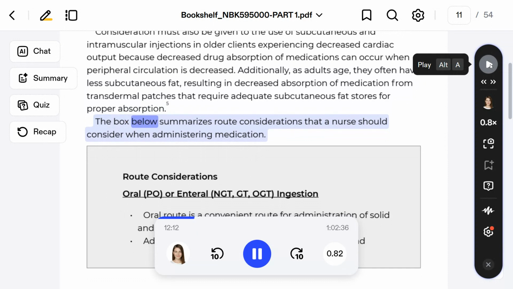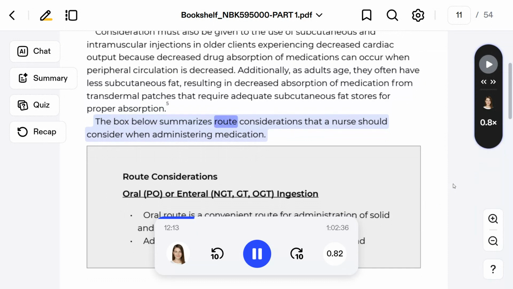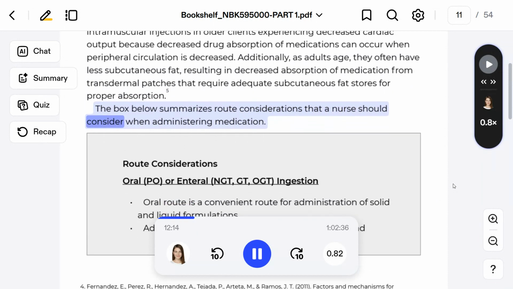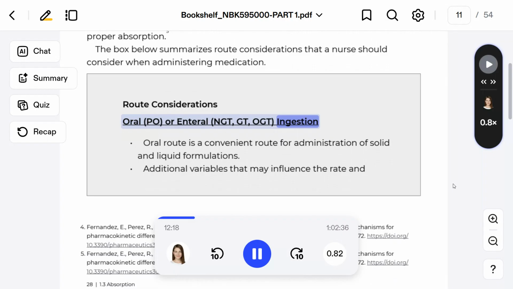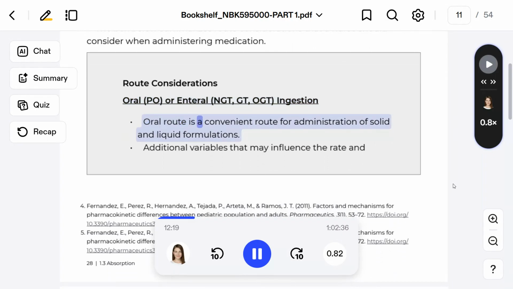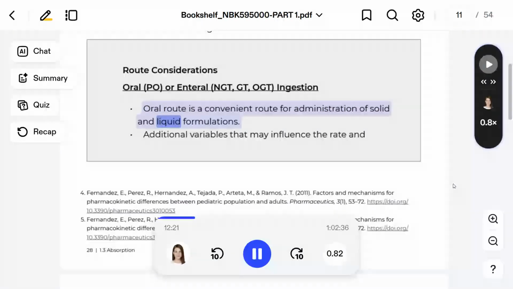The box below summarizes route considerations that a nurse should consider when administering medication. Route considerations: oral or enteral ingestion. Oral route is a convenient route for administration of solid and liquid formulations.